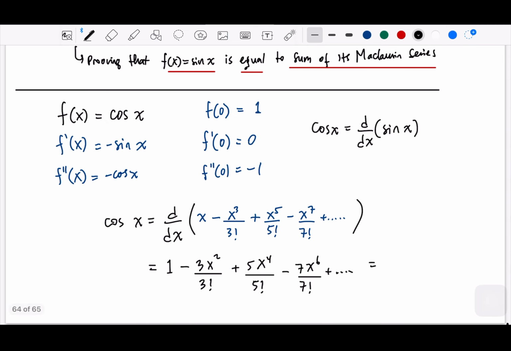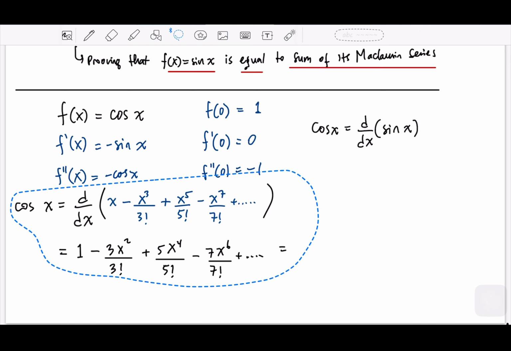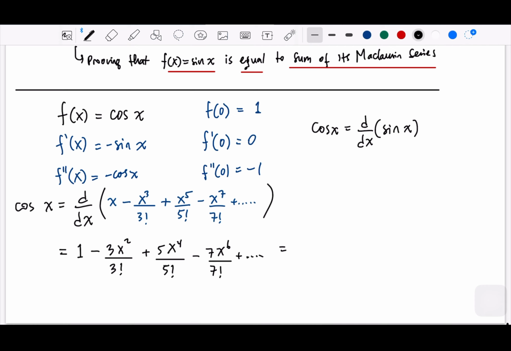So this will be 1 minus x squared over 2 factorial plus x to the power of 4 over 4 factorial minus x to the power of 6 divided by 6 factorial plus.